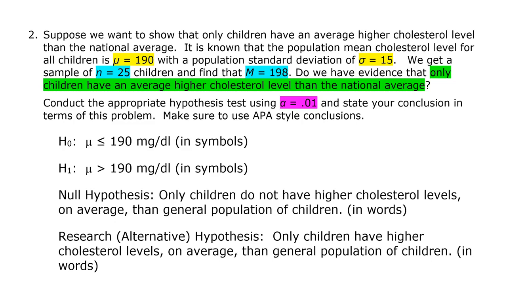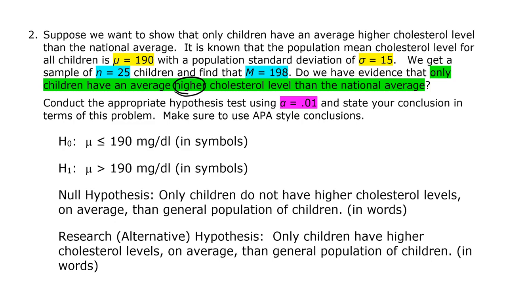Do we have evidence that only children have an average higher cholesterol level, there's the key there, than the national average? Conduct the appropriate hypothesis test using alpha equal to 0.01 and state your conclusion in terms of this problem. Make sure to use APA style conclusions.